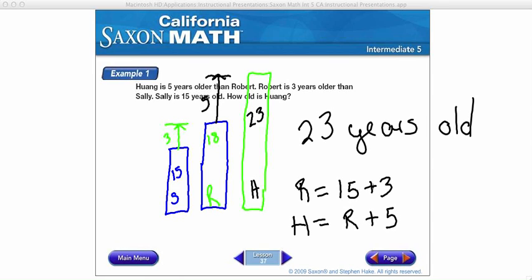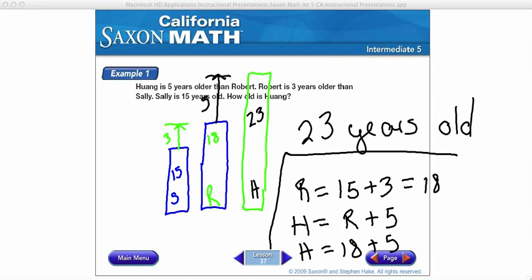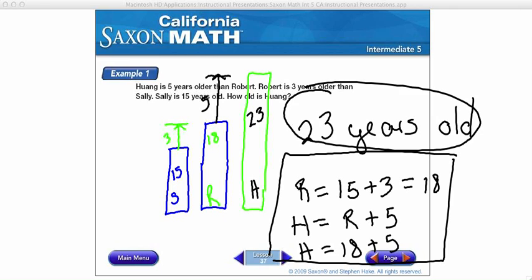Well, if Robert equals 15 plus 3, which is 18, we can then substitute the R for 18 plus 5. Okay? If you understand the pictures and you're ready to go into a little bit more variable math, this is the problem for you. If this confuses you, stick with the pictures. Okay? So, the ultimate answer though is that Huang is 23 years old.